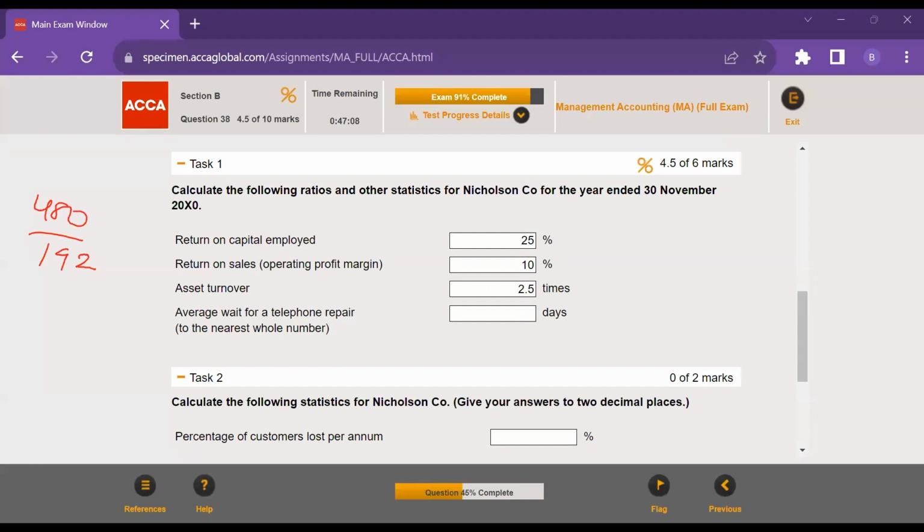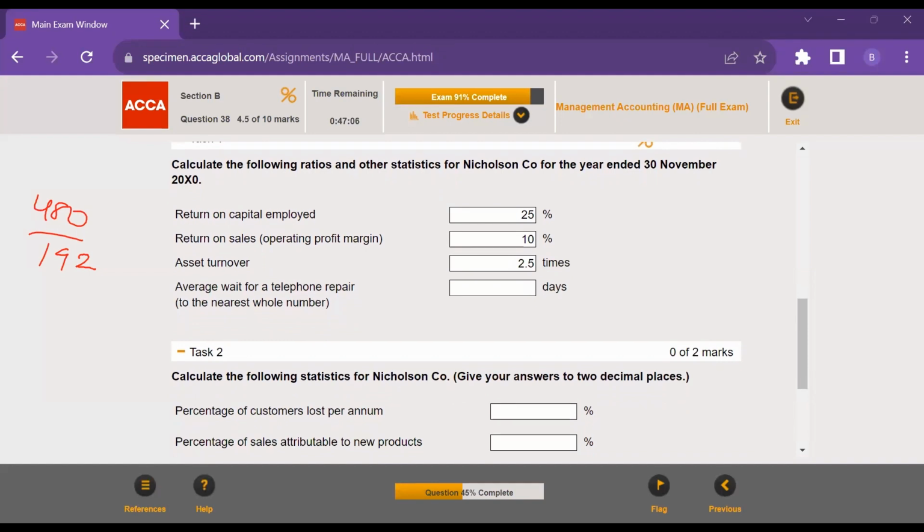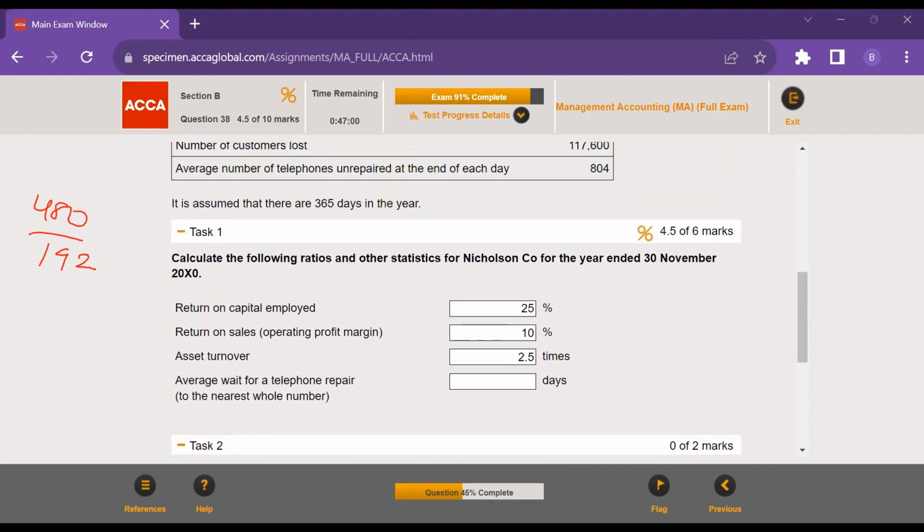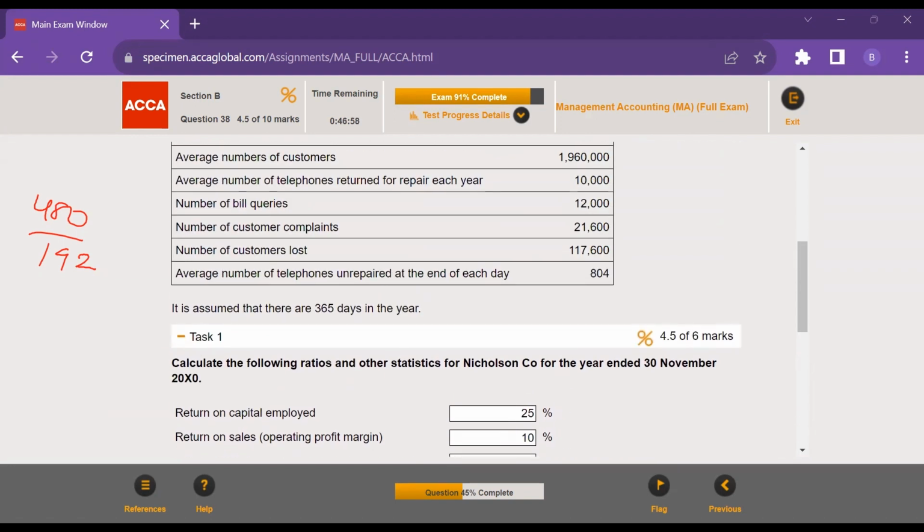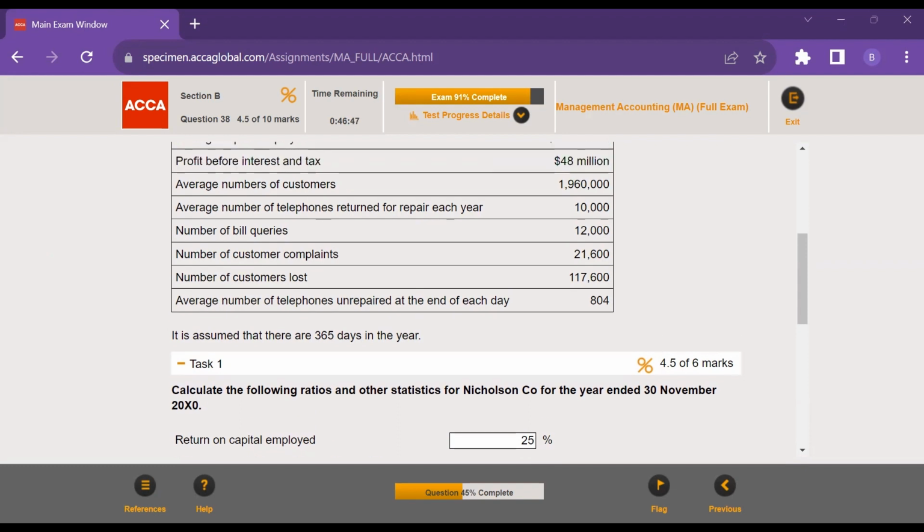Right. Now I move on to the average wait for a telephone repair to the nearest whole number. So we have to see how many people are waiting for their telephones to be repaired. We see that the average number of telephones unrepaired at the end of each day is 804. And then how much in total are we getting? We are getting returns of 10,000.